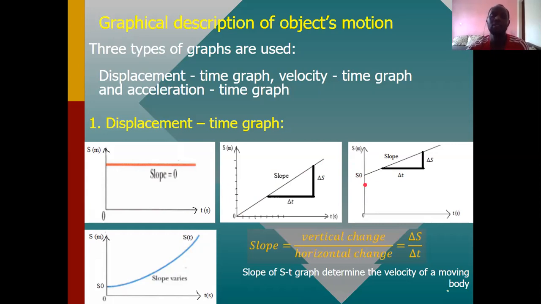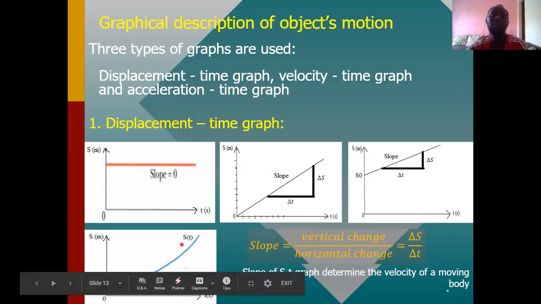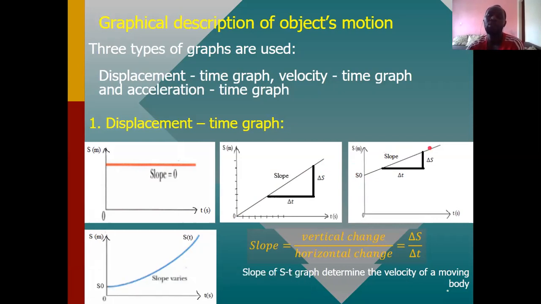And the last type of graph, we have no straight line, we have a curve, which means that the rate of change of displacement is not constant. And the rate of change of displacement, remember, is the velocity.